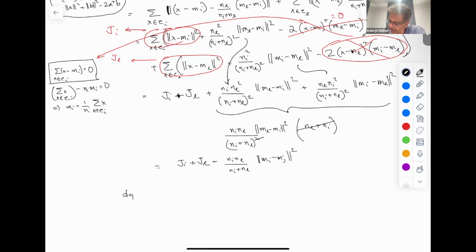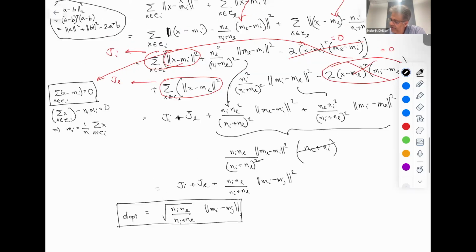So d-opt, when you try to optimize this objective function, is the square root of Ni Nl divided by Ni plus Nl, times Mi minus Mj. So this is another distance measure.